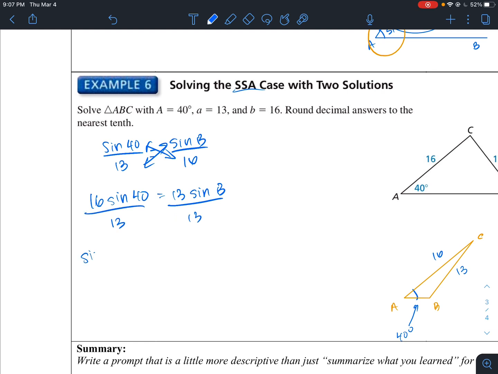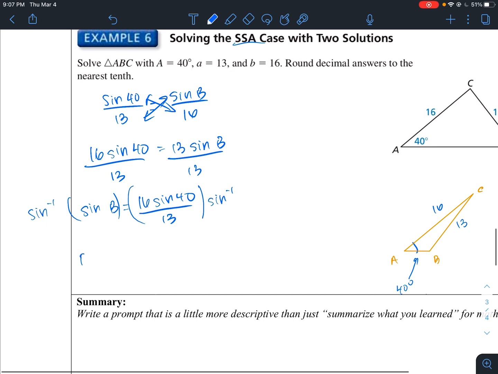So sine of B is equal to 16 sine of 40 divided by 13. Now I need to get B by itself, so I'm going to do arc sine on both sides. So B is equal to arc sine of 16 sine of 40 divided by 13.